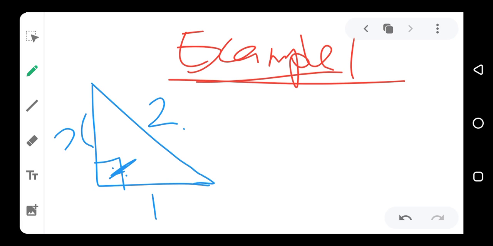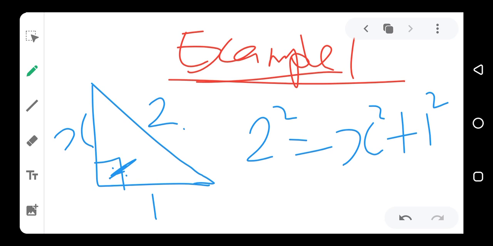Now the other sides are adjacent, A and B. Now that means that 2 squared is equal to the first adjacent side, x squared, plus the second adjacent side, 1 squared. Now 4 is equal to x squared plus 1, 1 squared is 1.